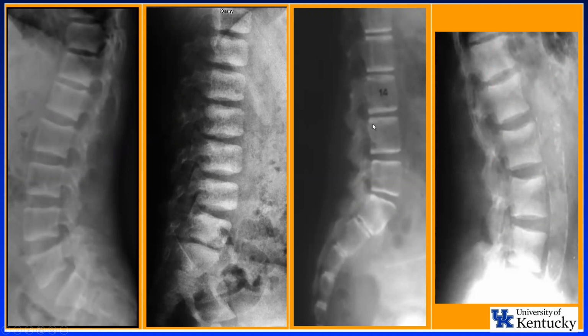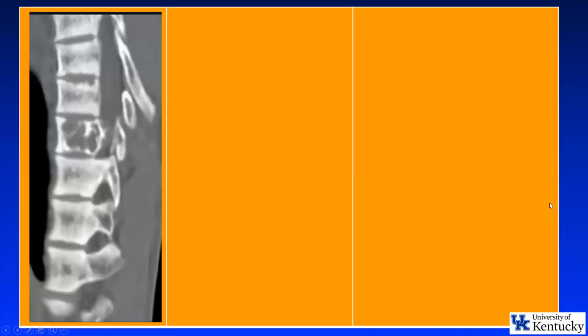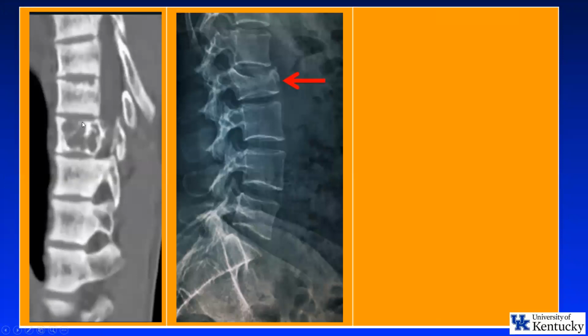So this mottling appearance, when you see areas of different densities, this is called Rugger-Jersey sign. And of course, from the X-ray of the vertebrae, you can also appreciate this significant amount of aortic calcification.